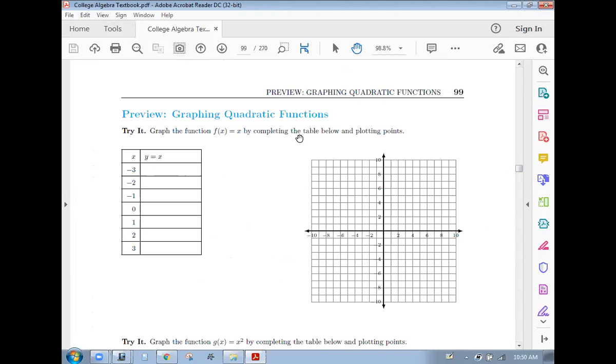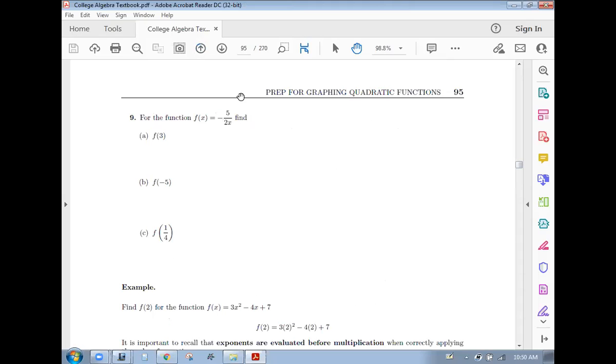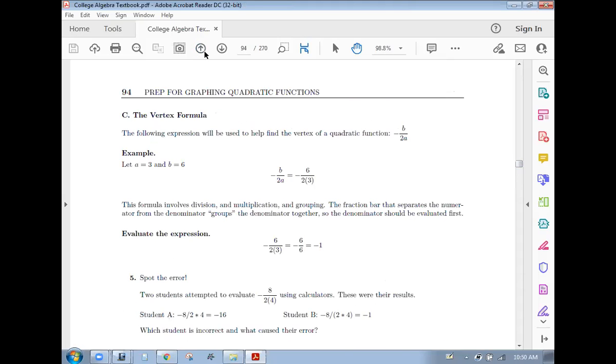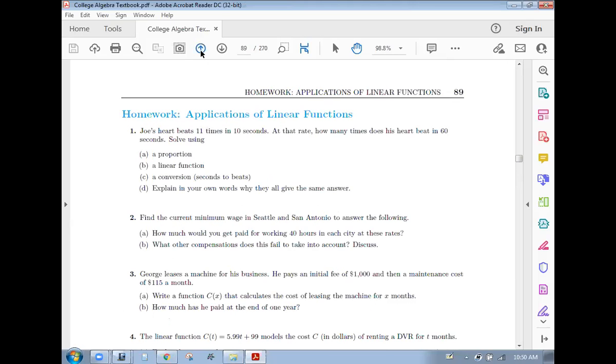There we go. All right, that's where we left off. So let's pick out some problems from our, and I need a new computer. This one's so slow. There we go.